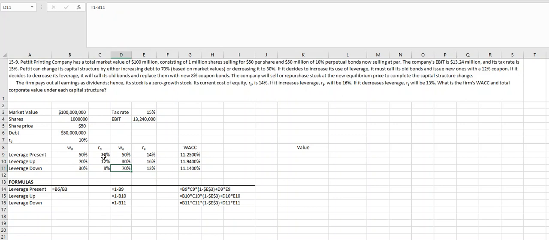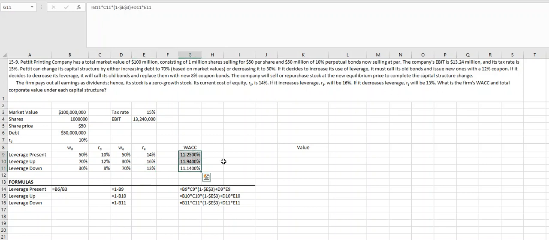We don't have to calculate the cost of debt and equity, that's already given to us. If we leverage up, we know that debt will cost 12%. And if we leverage down, we know that debt will cost 8%. Equity will go up to 16% if we leverage up. And if we leverage down, it will go to 13%.